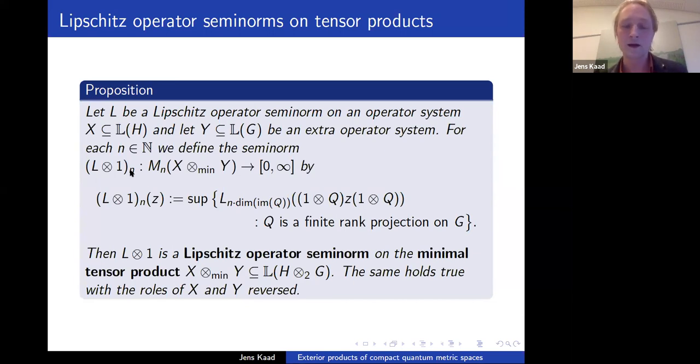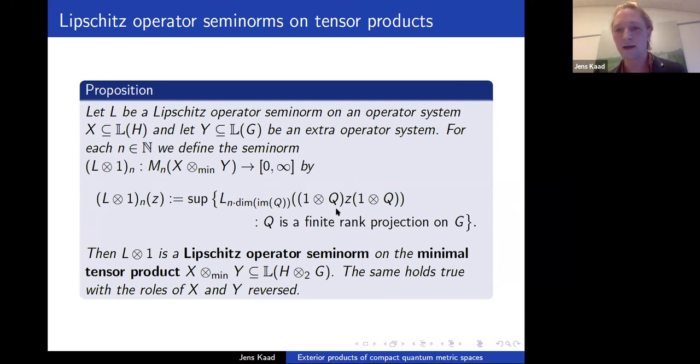Okay, I want it to be a Lipschitz operator seminorm, so I should define it in each degree. So I look at n by n matrices with entries in this minimal tensor product. And so given such an n by n matrix of operators, I have to define the value of L tensor 1 on this matrix. Okay, how can I do it? I look at a finite rank projection Q on the second of these Hilbert spaces, and then I cut down by 1 tensor Q from both sides.